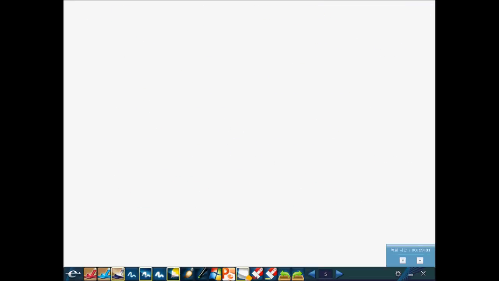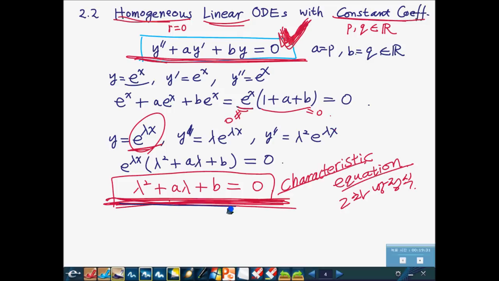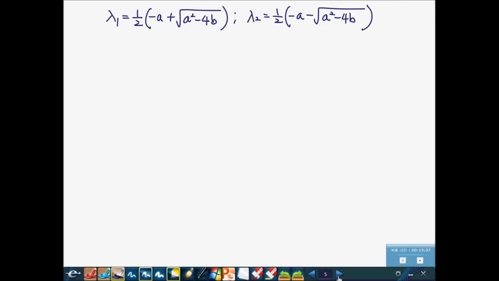From your preliminary methods, the root is lambda 1 equals one half of minus a plus square root of a square minus 4b, and the other one is lambda 2 equals one half of minus a minus square root of a square minus 4b. Okay? It's a solution of the characteristic equation, plus minus square root of something. You're familiar with this, right? The roots of that quadratic equation.